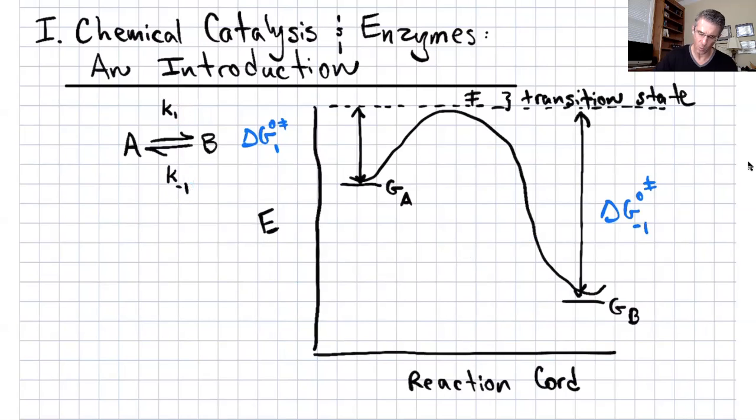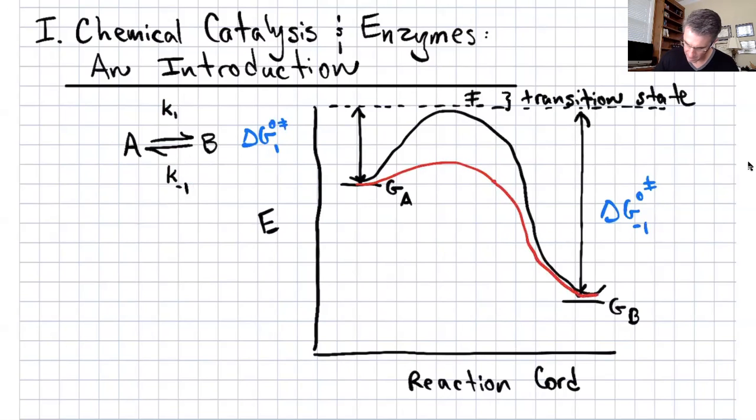We also saw that a really key idea, one of the great things that transition state theory provides for us, is a way to explain catalysis. Specifically, transition state theory provides the simple idea that all a catalyst has to do to make a reaction go faster is lower that transition state barrier.